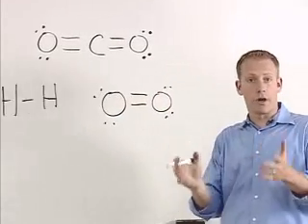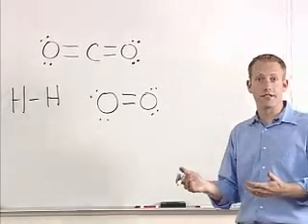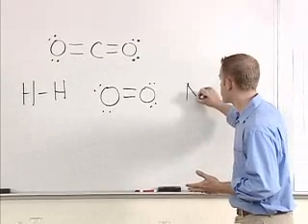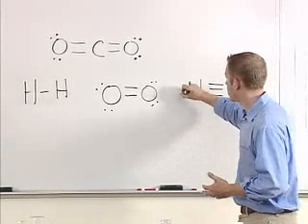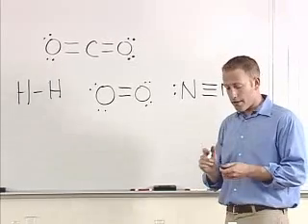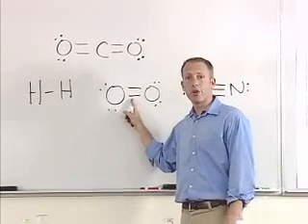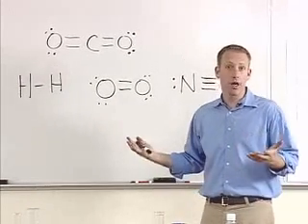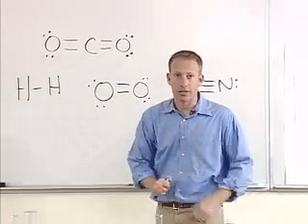And the only weird one, aside from oxygen, is nitrogen. Nitrogen has 5 valence electrons, so it needs 3. So if it bonds with itself, it shares 3 electrons. And another thing you need to notice before we go on is that each bond represents 1 shared pair of electrons. In other words, 1 bond represents 2 actual electrons.